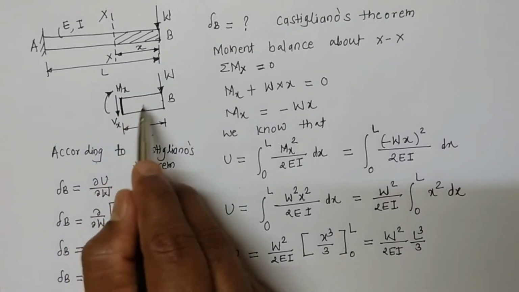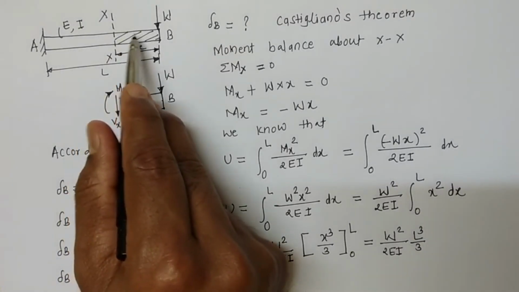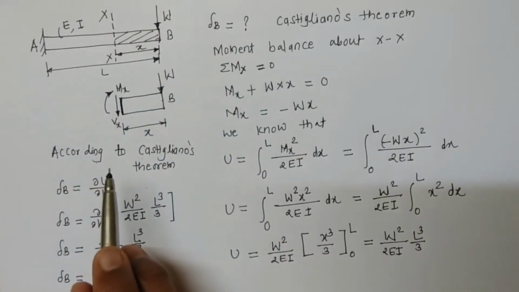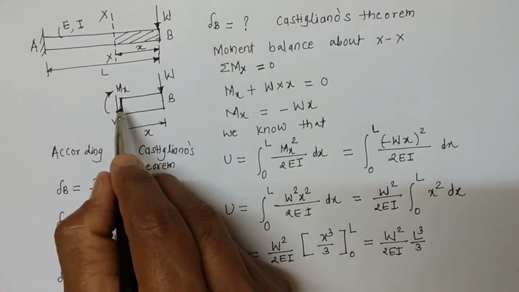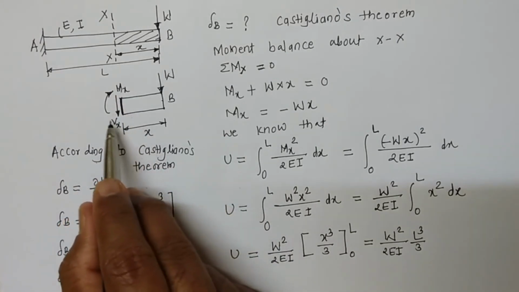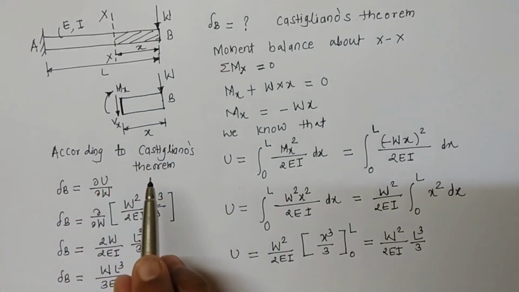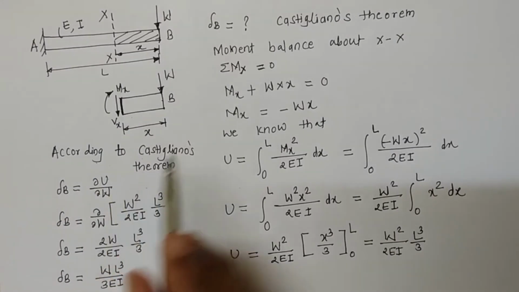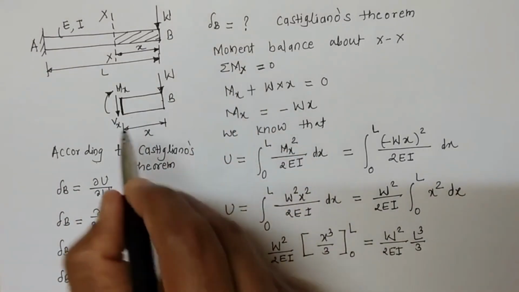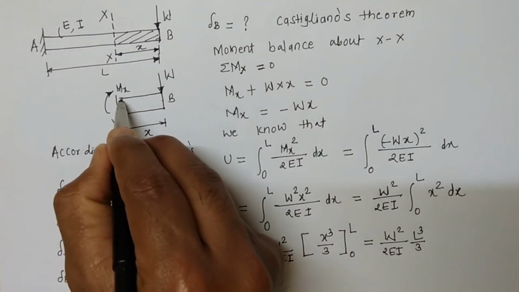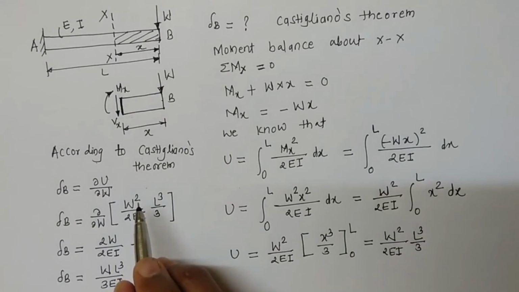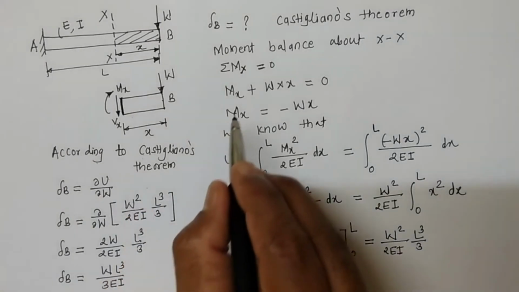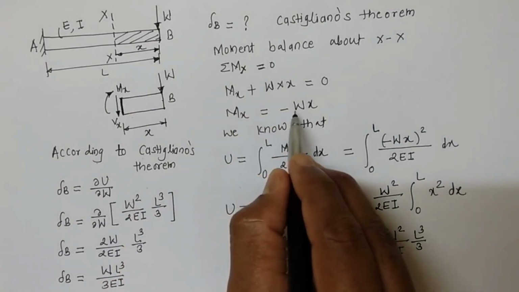Here I have drawn the free body diagram for this considered element of the beam, and Mx is the bending moment at the section XX, and Vx is the shear force at the section XX. And balancing the moment about this section XX, we get Mx equal to minus W into X.